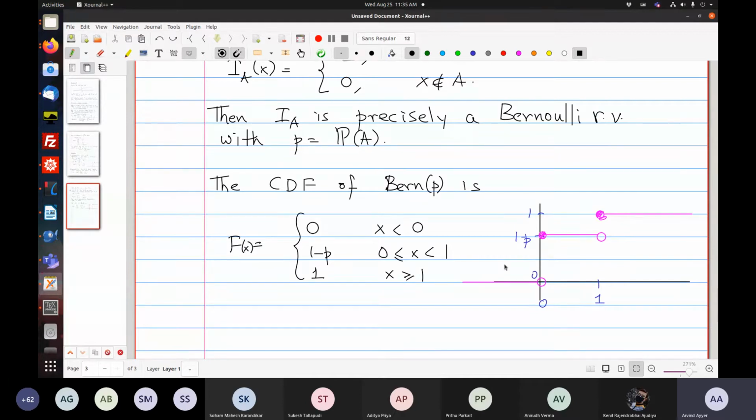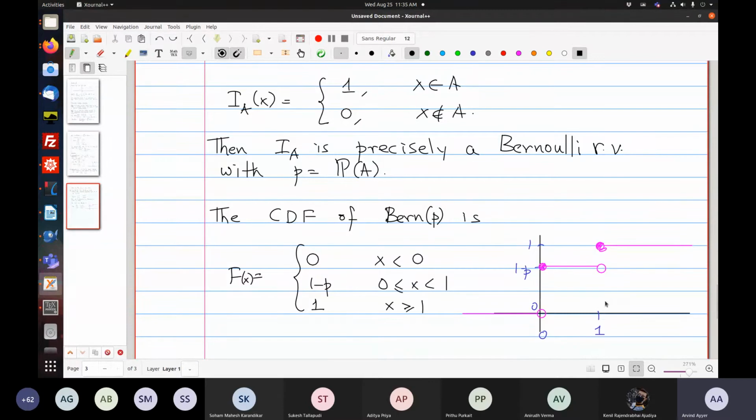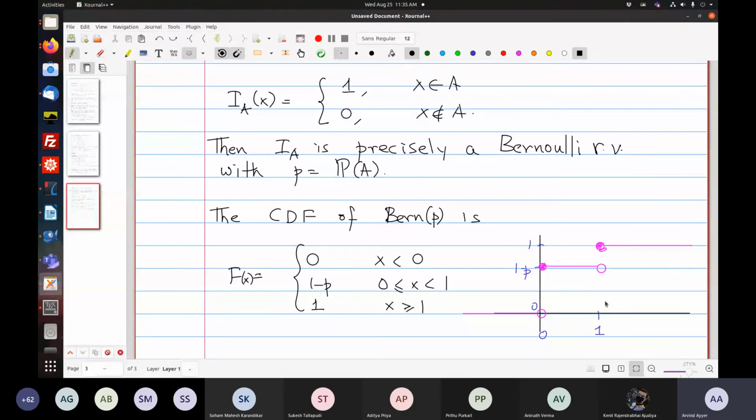The CDF and PMF will be functions on R. Behind the scenes, there is a sample space, there's a sigma algebra, there's a probability function, there are events and so on. But at the end of the day, I'm only caring about whether event A occurred or not. I don't really care to know anything more about the event, the sample space, etc. Whatever is of interest at this moment is contained over here.